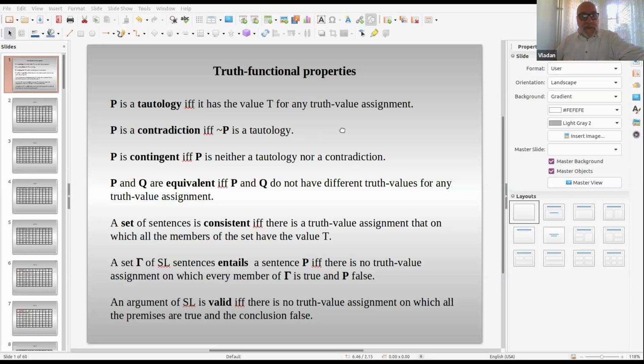P and Q are equivalent if and only if they have the same truth value for any truth value assignment. So when we do the truth table, in any row, P and Q will have the same truth values.